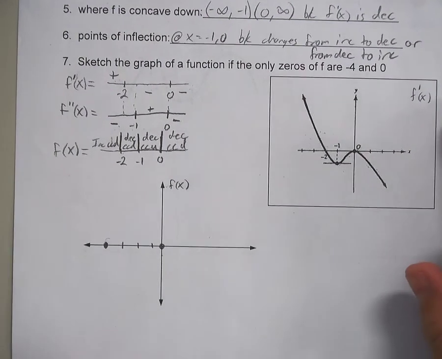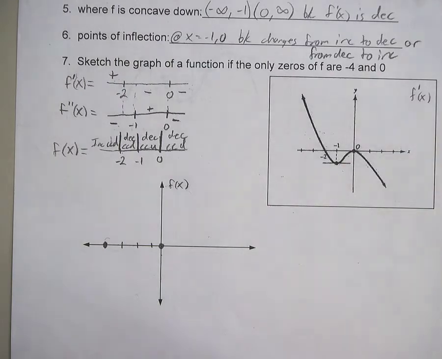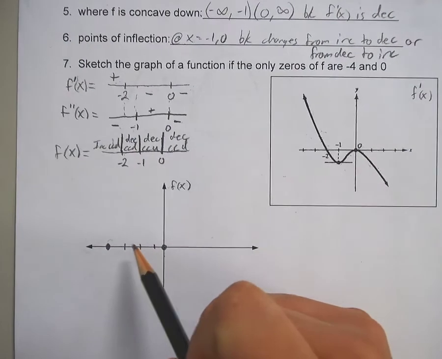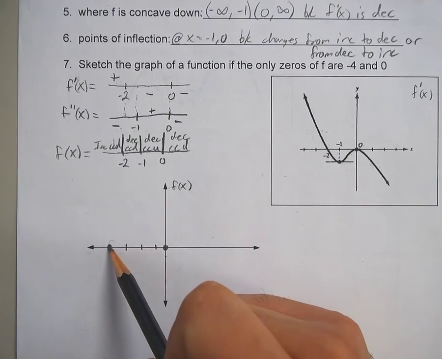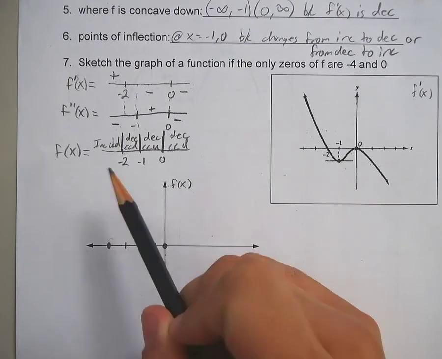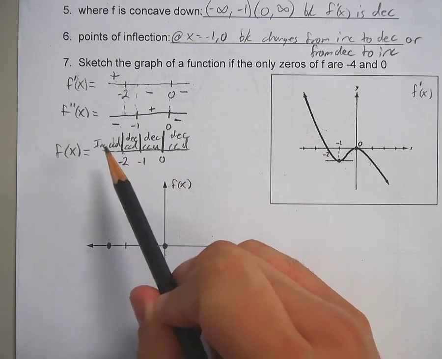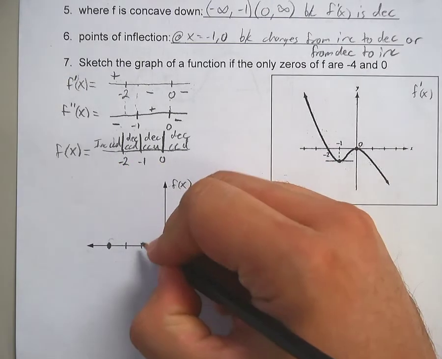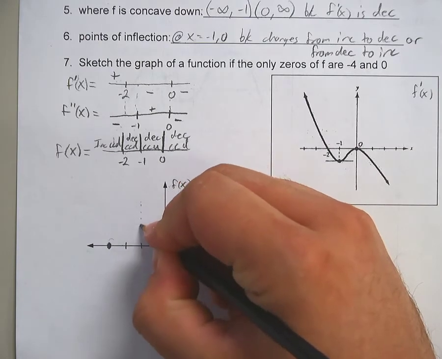And all I have to do now is draw my graph. Now this thing told me that I have a zero at -4, so I know I'm going to cross the axis here. And I know that at -2 I'm going to change from increasing to decreasing. So I know something is going to happen here at -2.